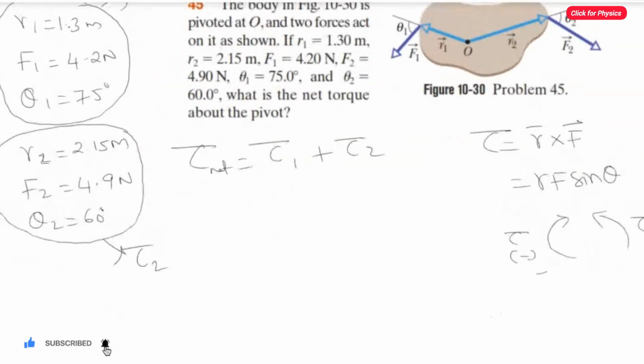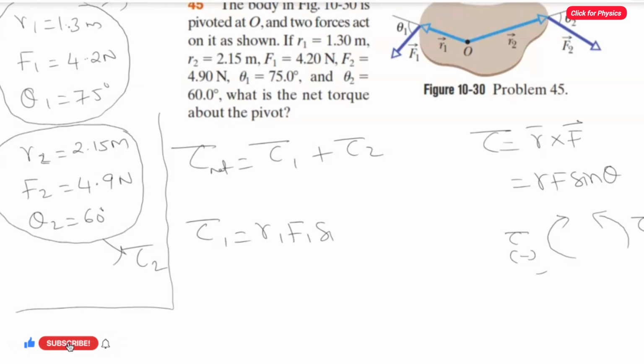So what are our values? I'm going to find the torque tau 1. So torque tau 1 is equal to R1 F1 sine of theta 1. R1 value is 1.3 and F1 value is 4.2 multiplied by sine of 75 degree.